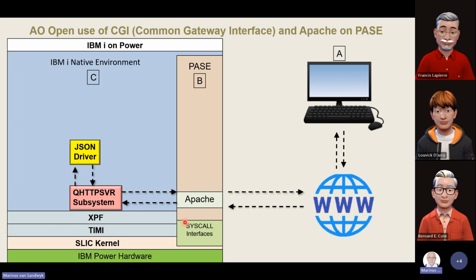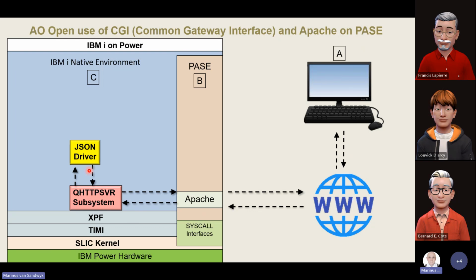Now, it's very important to understand that there are a bunch of system jobs that run between these two that keep the communications going, that check the health, etc. But what happens is you log on, Apache forwards the request if everything is kosher up to that point, forwards it to the QHTTP server subsystem, and then the QHTTP server subsystem starts communicating with the JSON drivers that we've provided, and the AOO open solution in its entirety.